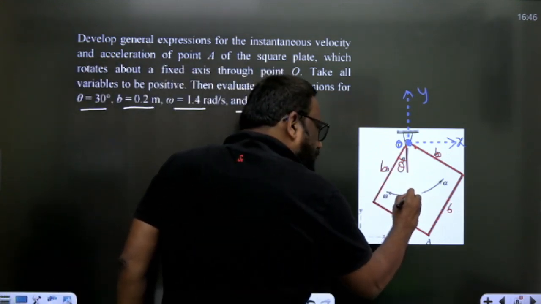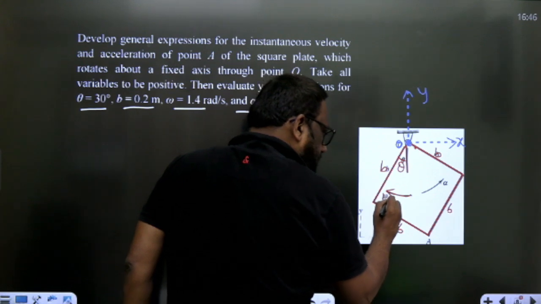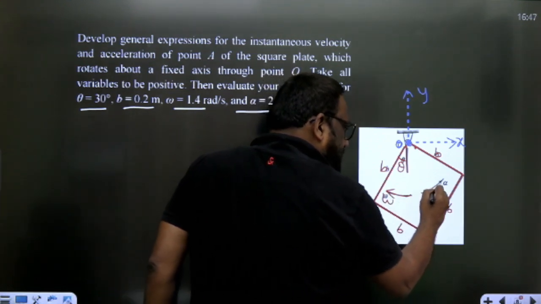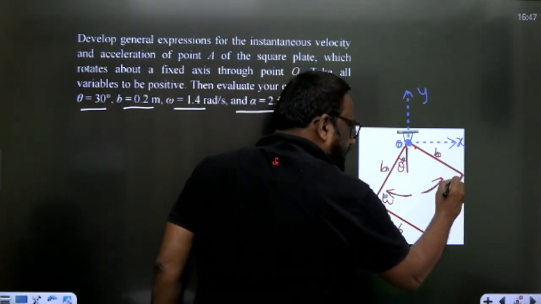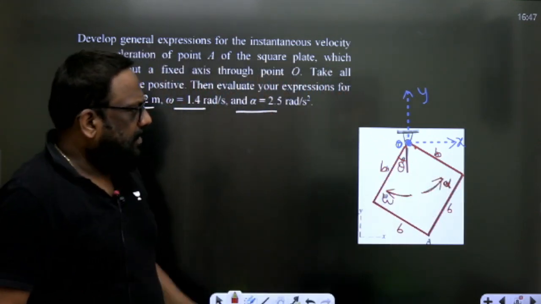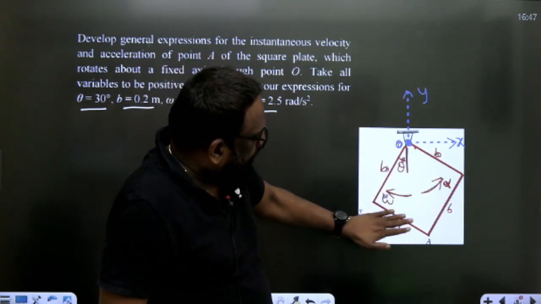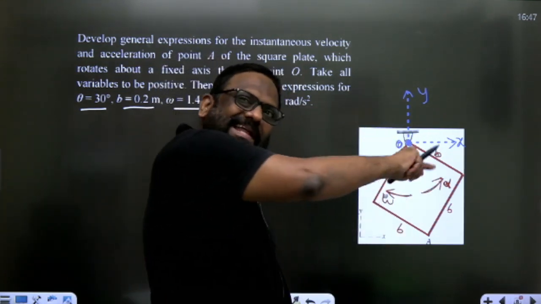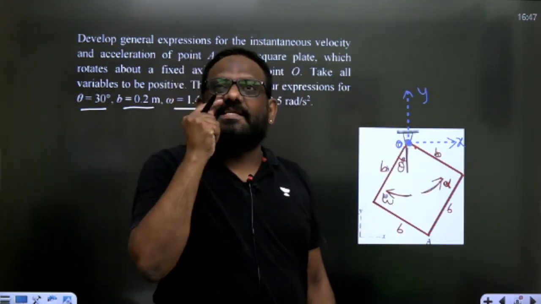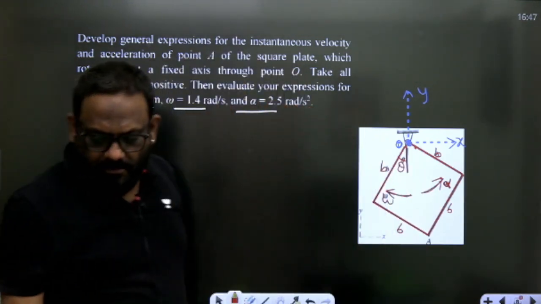If you see the direction of omega, it is clockwise. If you see the direction of alpha, it is anti-clockwise. What does it mean? The plate is rotating like this, but in the direction of motion omega is decreasing, that's why alpha is opposite to omega.